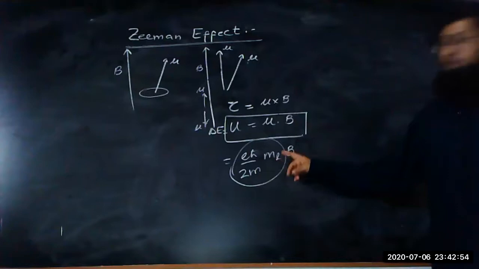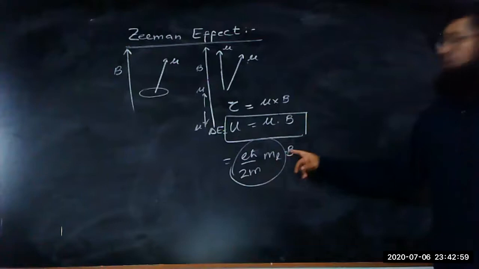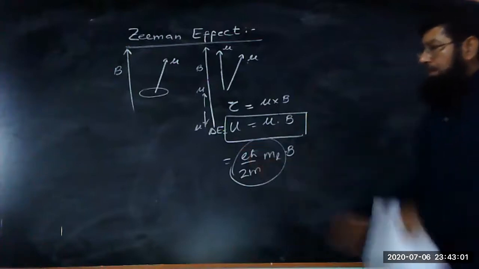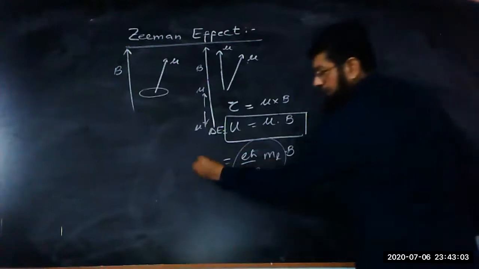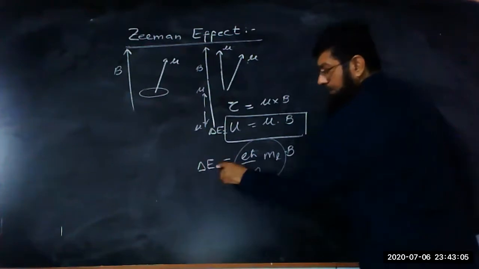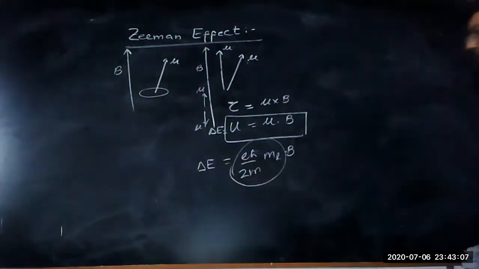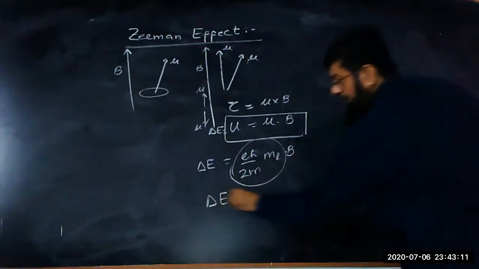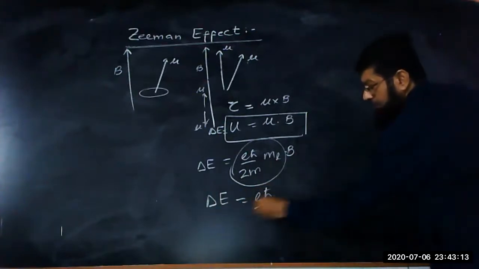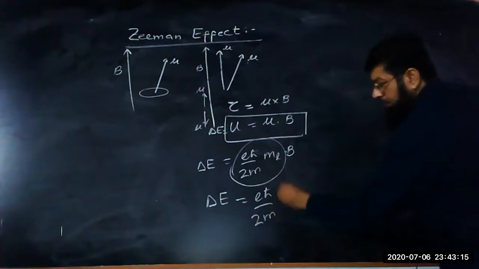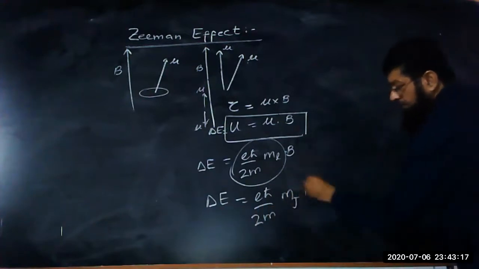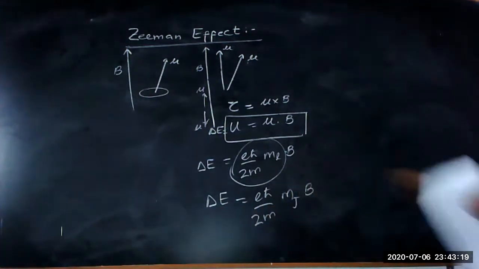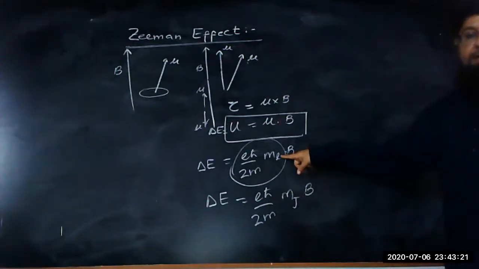If we want to calculate the spin as well, then the change in energy ΔE will be equal to eħ over 2m into mj B. ml is the magnetic quantum number due to the orbital angular momentum.